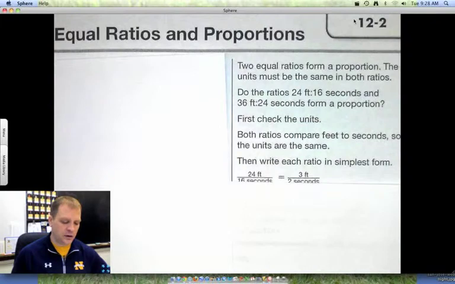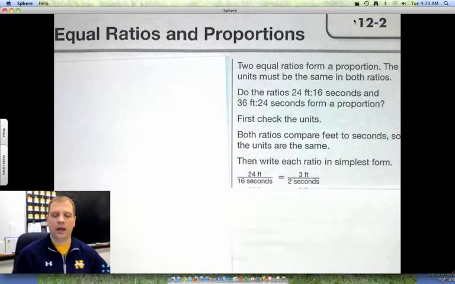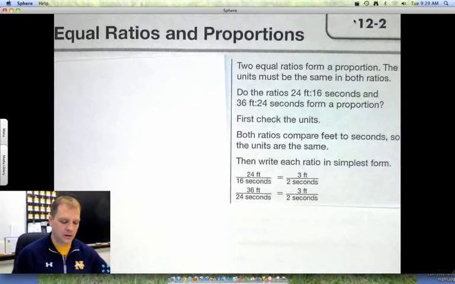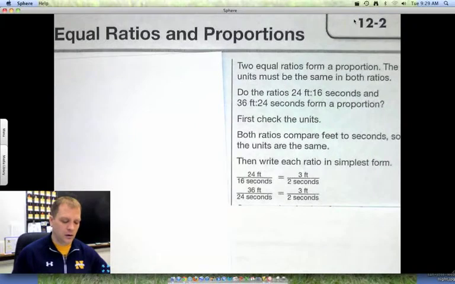Then write each ratio in simplest form. So 24 feet per 16 seconds equals 3 feet per 2 seconds, because 8 goes into both 24 and 16. 8 goes into 24 3 times and 16 2 times. So that's how we are able to get 3 feet over 2 seconds. 36 feet for 24 seconds, again, 3 feet per 2 seconds, because 12 goes into both 36 and 24.